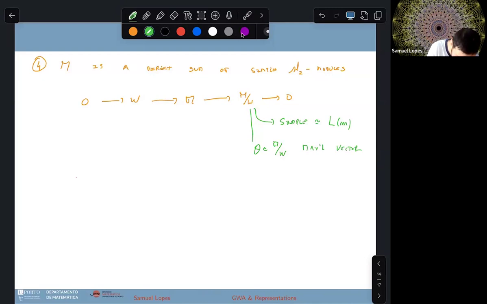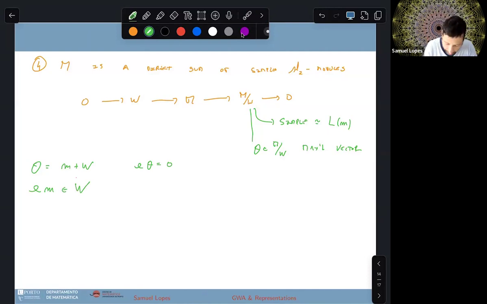This means that I can represent theta as an element m plus W. It's this class in the quotient, and saying that it's a maximal vector means that when I act with E, I get 0, which means that E times m is an element of W.